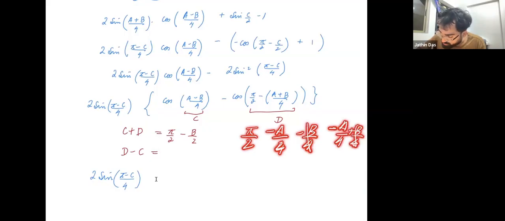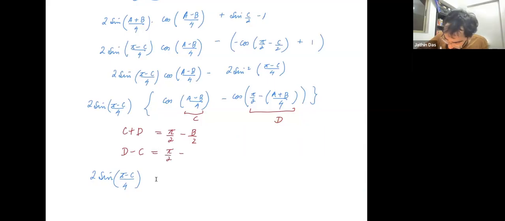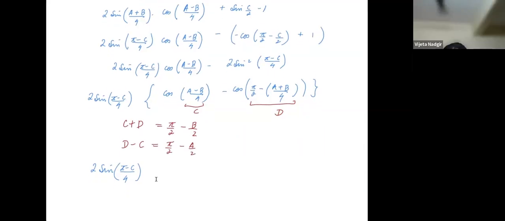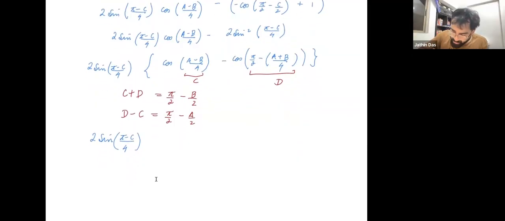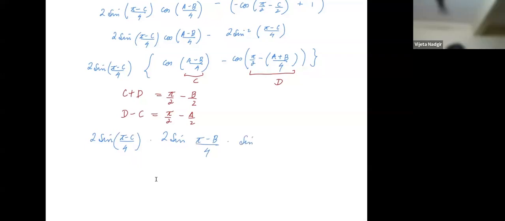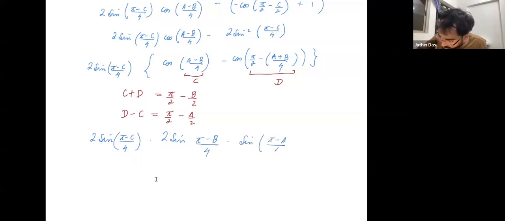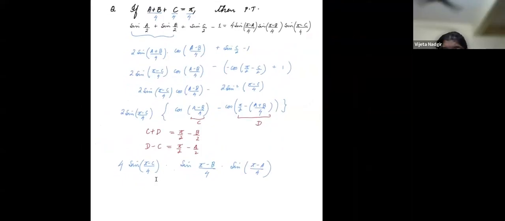So B by 4 cancel. A by 4 add. It will become pi by 2 minus A by 2. Clear this much? Yeah. Now uska difference, sum by 2 and all that. So into 2 sine, so its sum divided by 2. So that is pi minus B by 4 into sine pi minus A by 4, this 2 will become 4. मिल गया ना answer? So 1 second. Yeah.